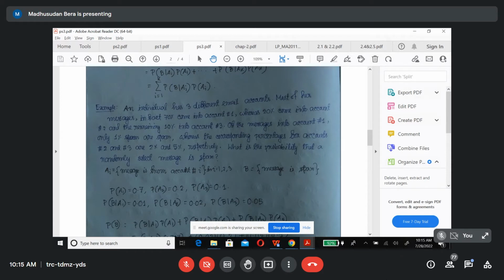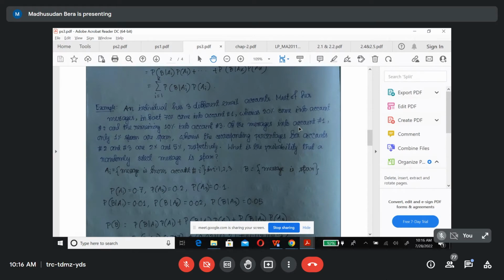Now see, 70% comes into account 1, 20% account 2, 10% account 3. So P of A1 is 0.7, P of A2 is 0.2, P of A3 is 0.1. Up to this okay? Now of the messages in account 1, only 1% are spam.